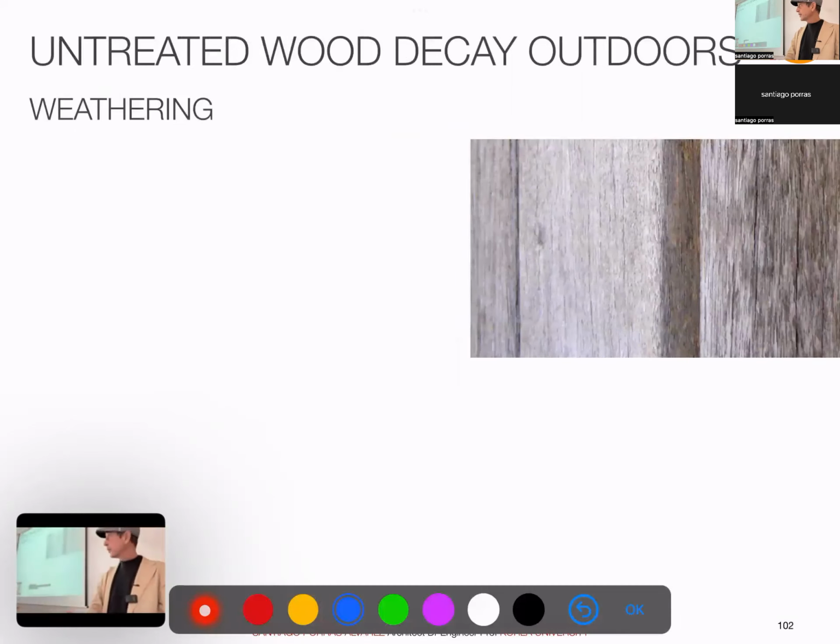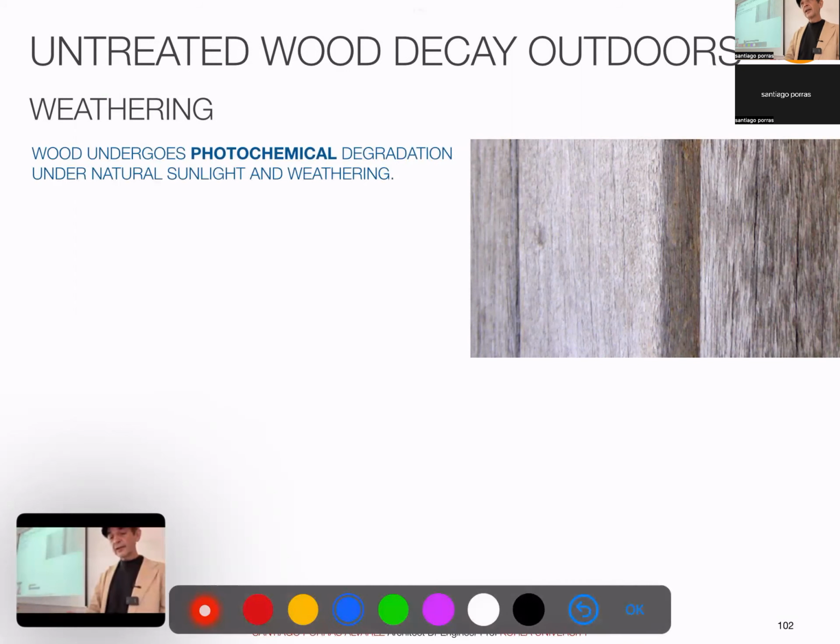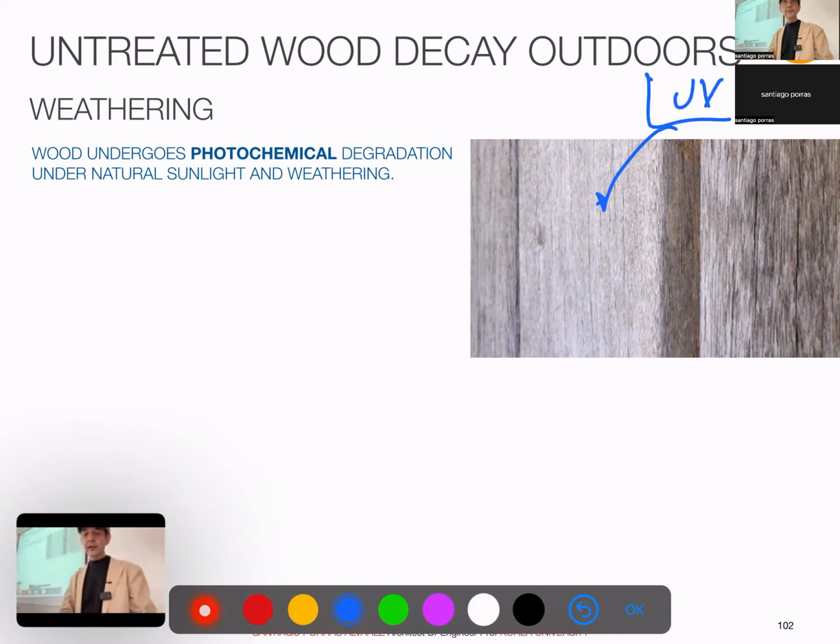So the point is the wood will have what we call weathering. And it's not just water. The problem is mostly sunshine, right? The UV rays, which degrade the fibers, and then they become gray. This gray color is typical of UV degradation.